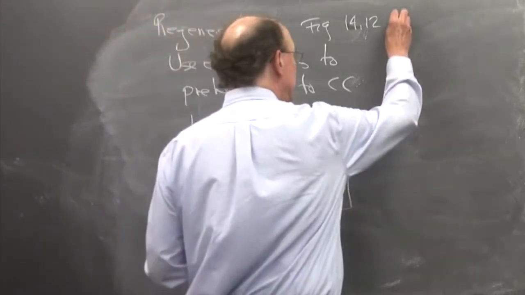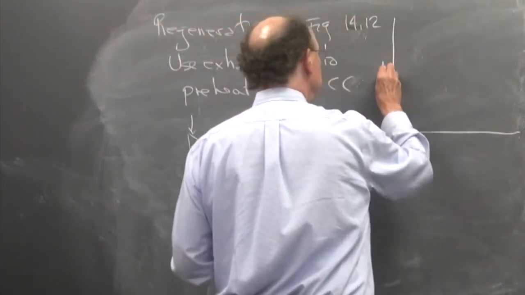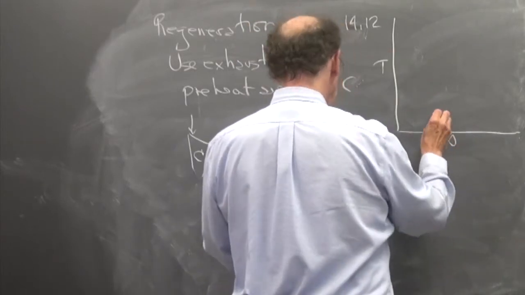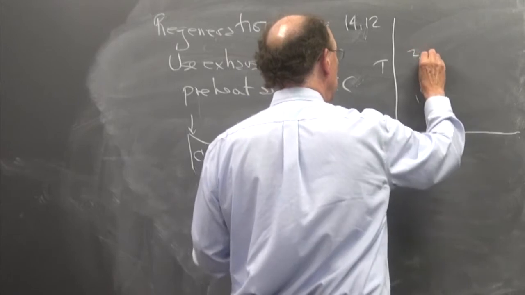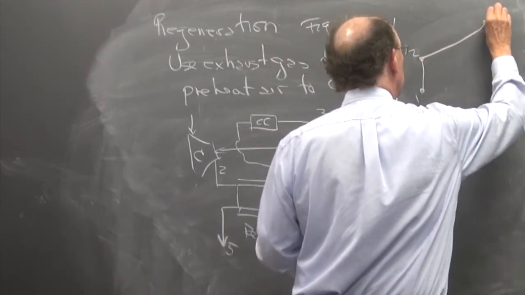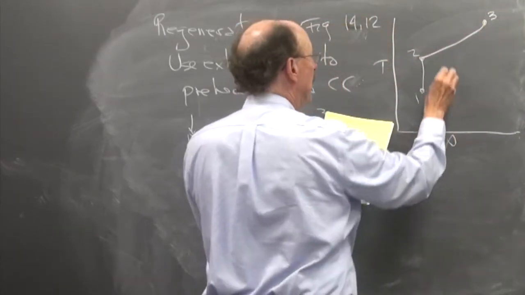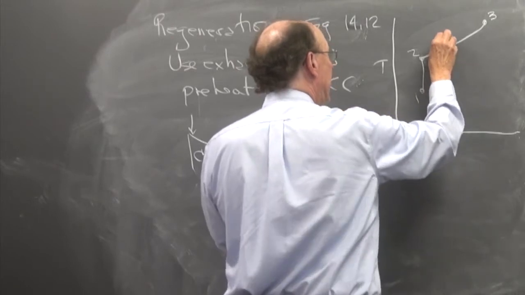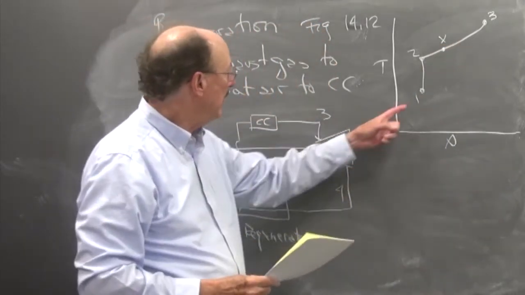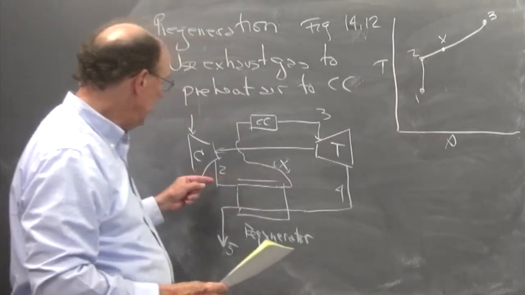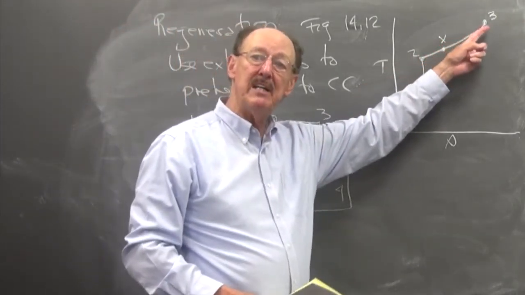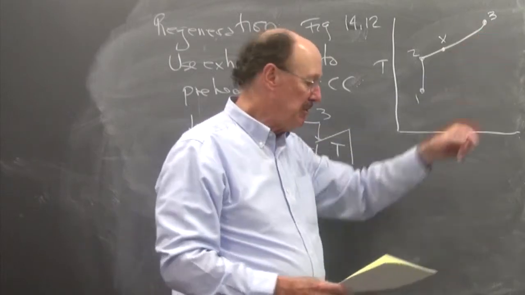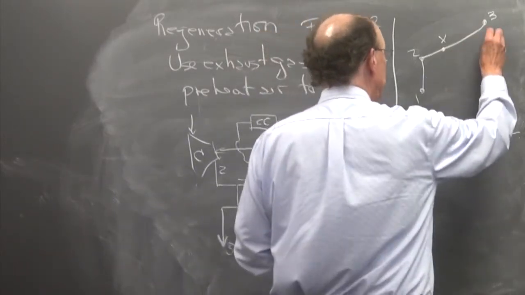If I look at this on a TS diagram, going from 1 to 2, 2 to 3, but along the way, it goes to X. So first, it goes through the compressor, it's heated up from 2 to X, and then from X to 3, it goes in the combustion chamber and out of it, into the turbine.